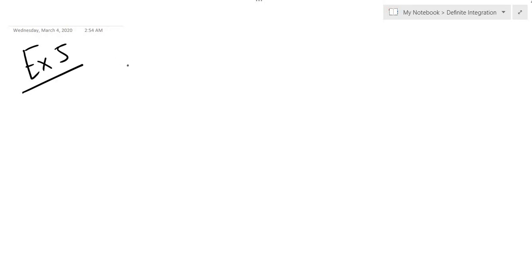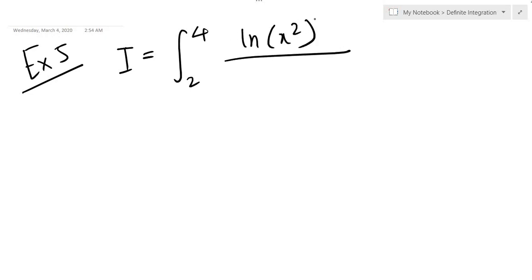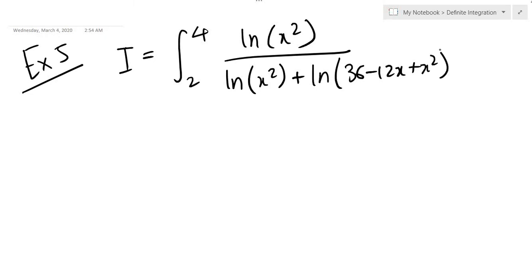Now I guess to drive the point home, we'll just do one more example. The integral from 2 to 4 of the natural log of x squared all over the natural log of x squared again plus the natural log of 36 minus 12x plus x squared, integrated with respect to x.